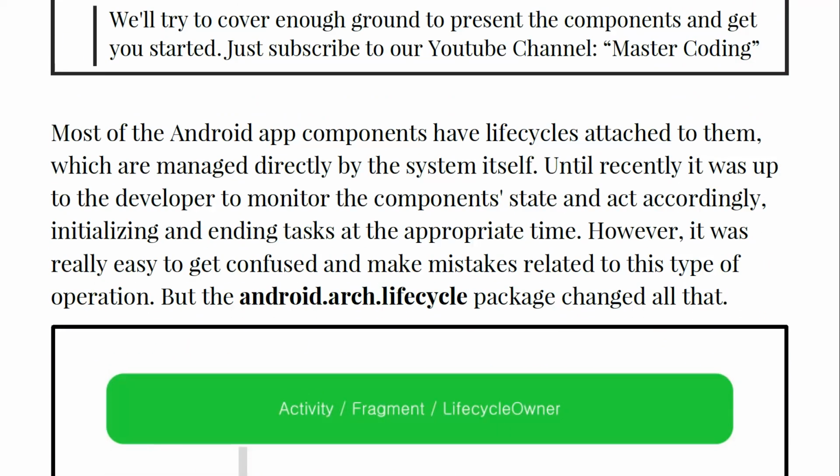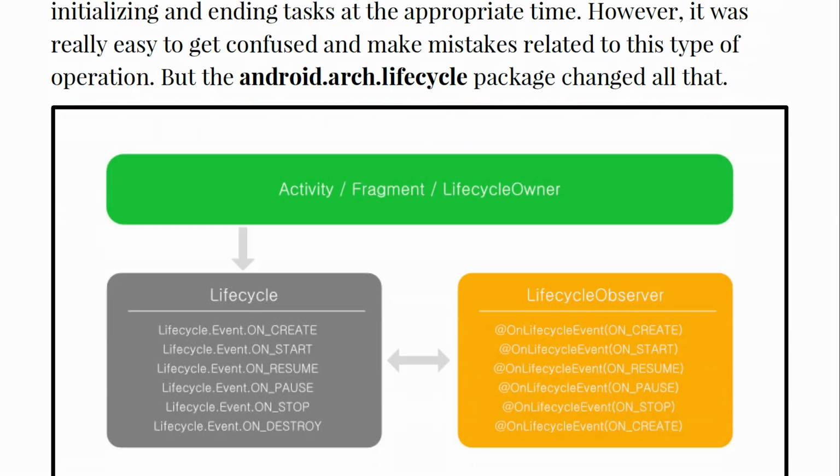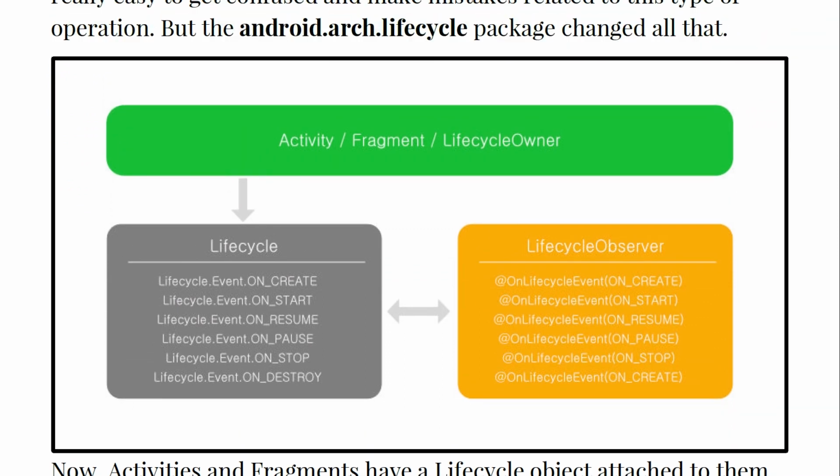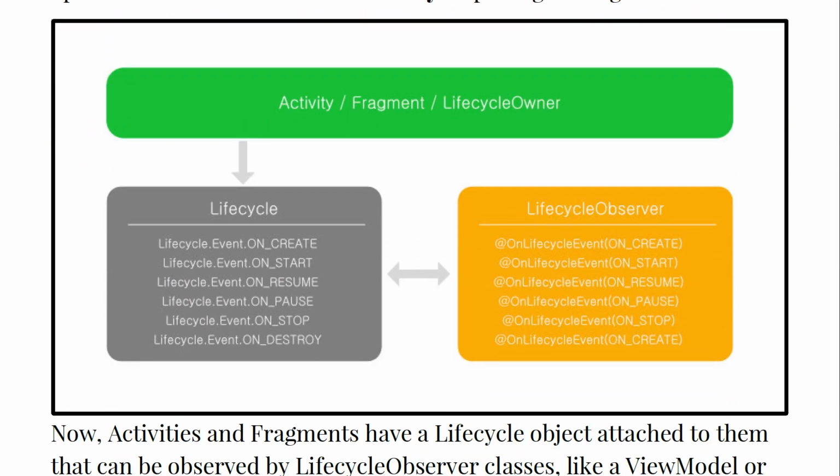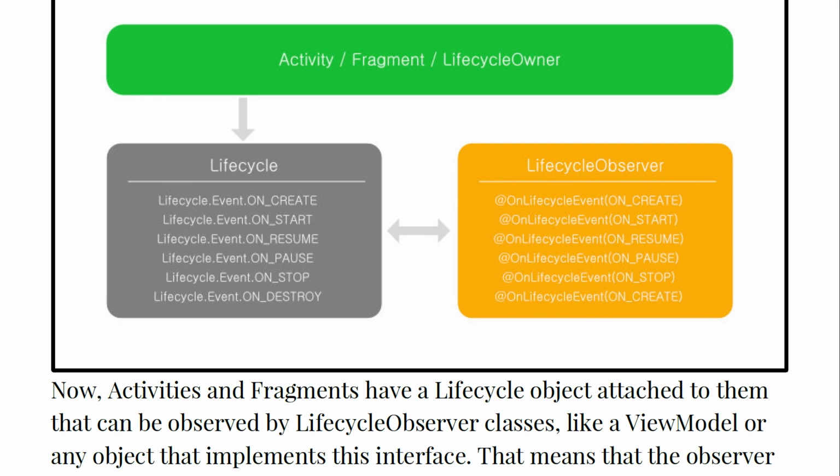So, what are these components and how do they interact with the activities? We have this image and this schema. The Android fragment or lifecycle owner contacts the lifecycle to get the events. So the events would be on create, on start, on resume, on pause, on stop, on destroy.